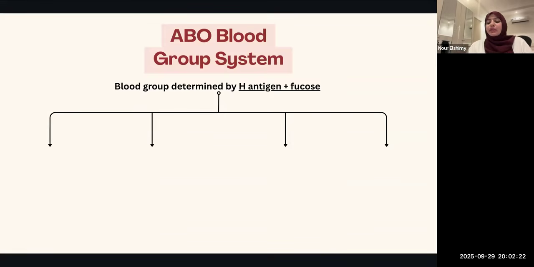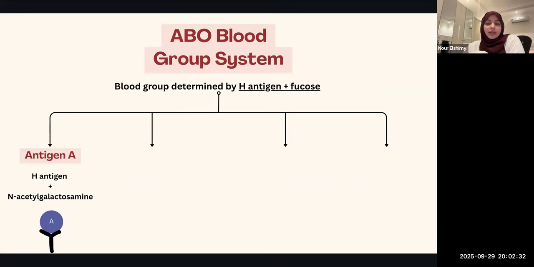Fucose is basically a sugar molecule, and depending on this sugar molecule, we're going to know which antigen we have. If we have an H antigen with an N-acetylgalactosamine, this is an A antigen. So when we run the tests and figure out that this is an H antigen attached to an N-acetylgalactosamine, this is going to be antigen A, so you're blood group A.